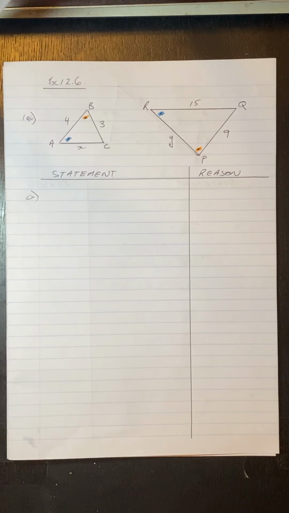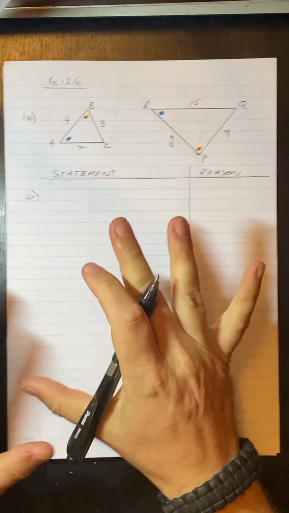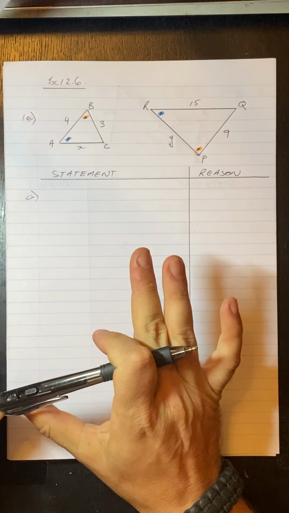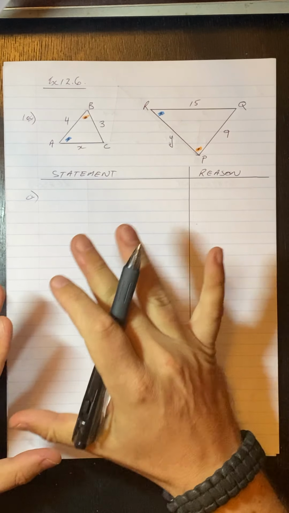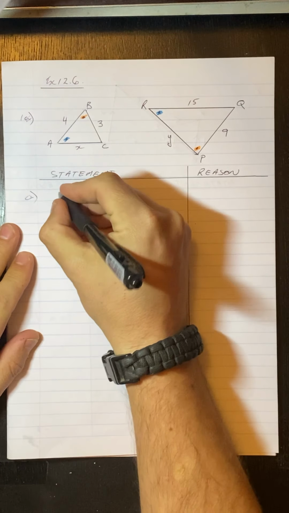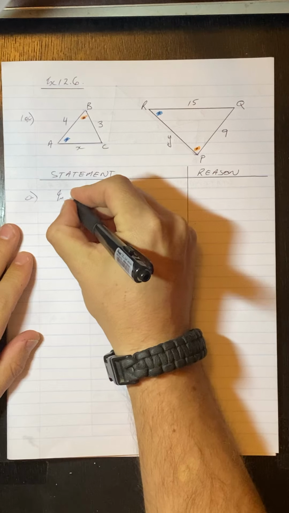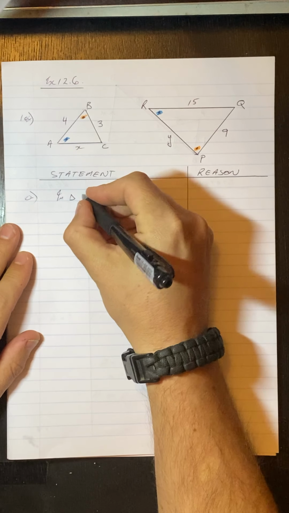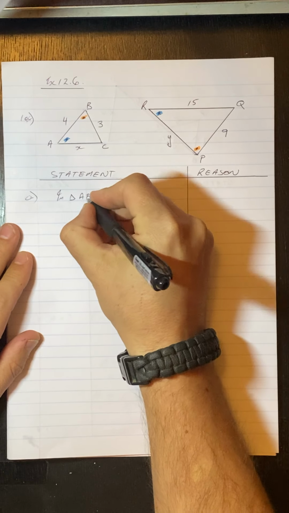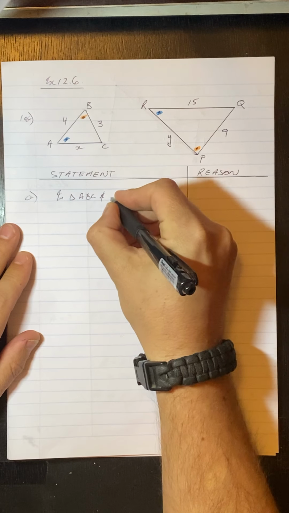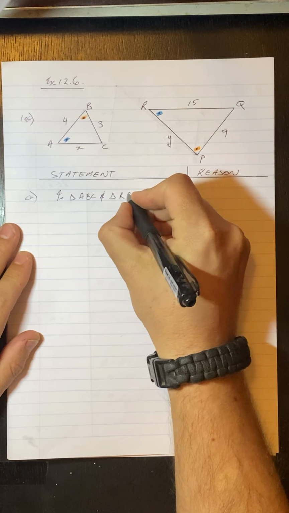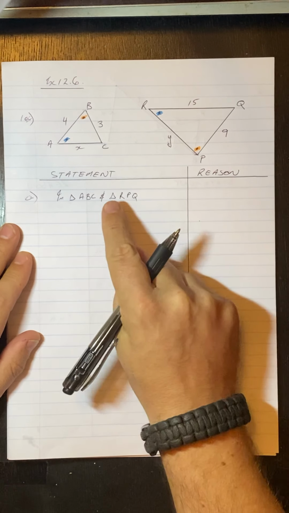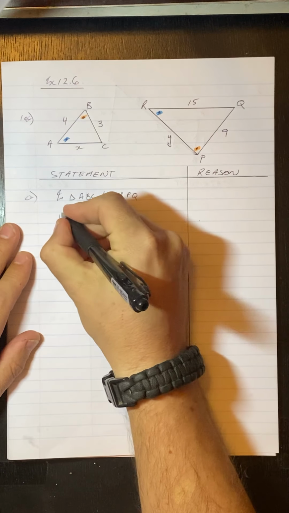So how I'm going to do this, like I told you in the previous video, it doesn't make a difference how you write it initially. So I'm going to write it down the way that they've asked us. I'm going to say, in triangle ABC and triangle RPQ, you remember for similarity, we need three things.